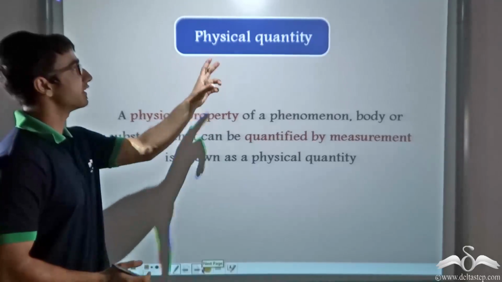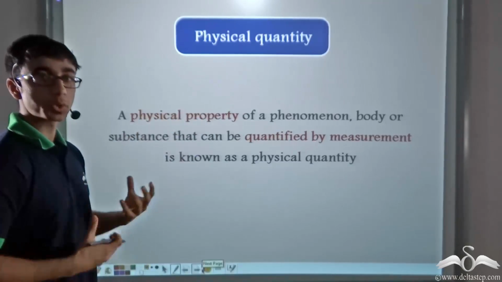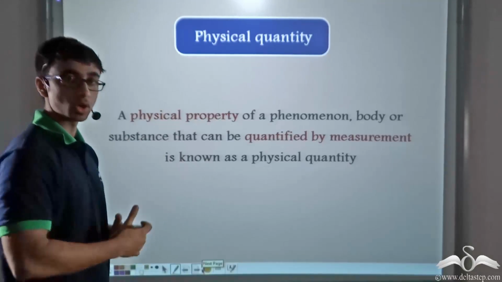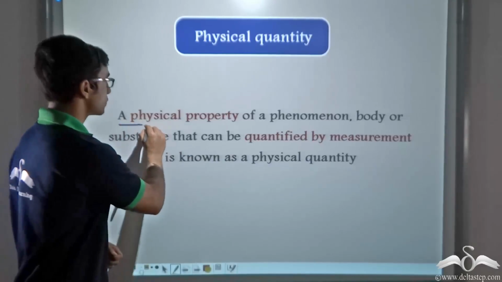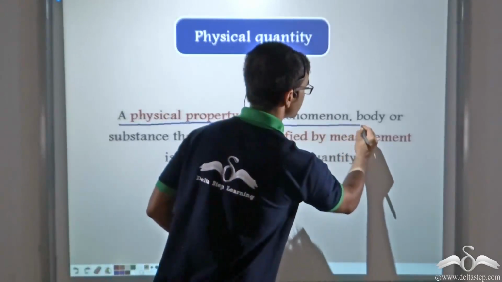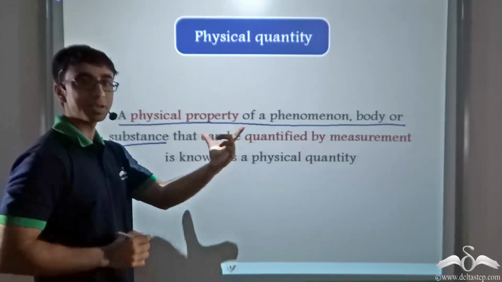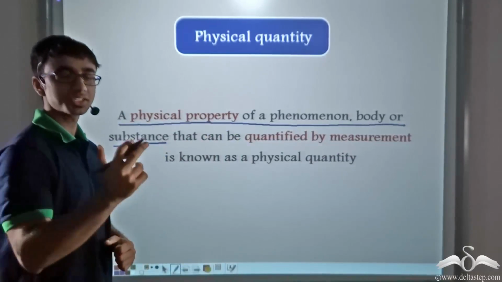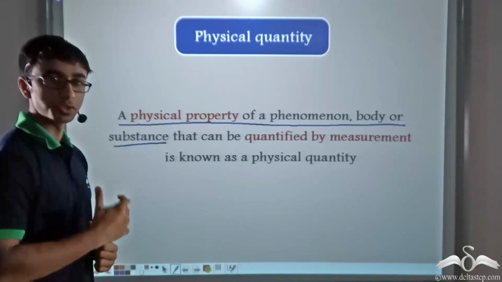So, how can we define a physical quantity? A physical quantity is basically what we are measuring. Let's say the length of a block or the distance in between two huts. So, physical quantity is a physical property of a phenomenon, body or substance that can be quantified by measurement. Now, if I ask you a question, can you measure the amount of love that your parents give you?